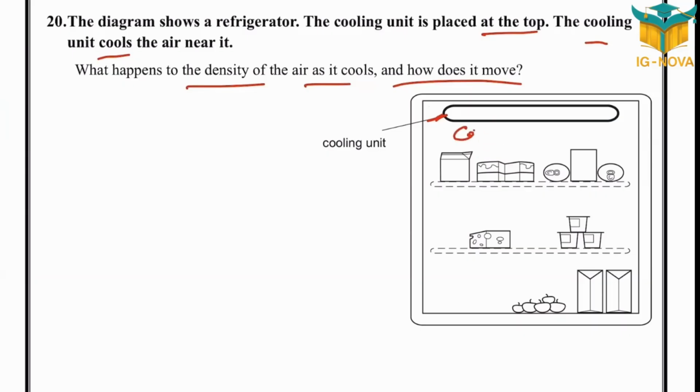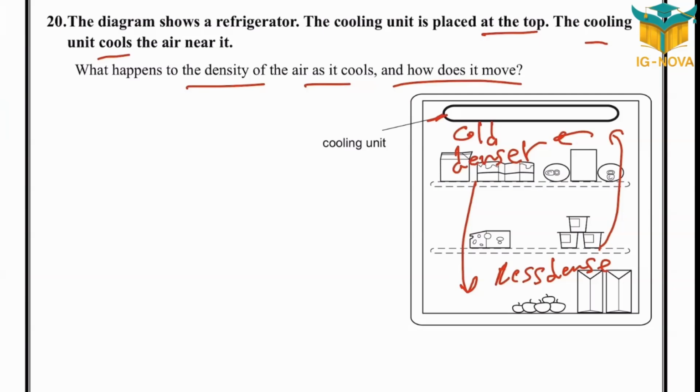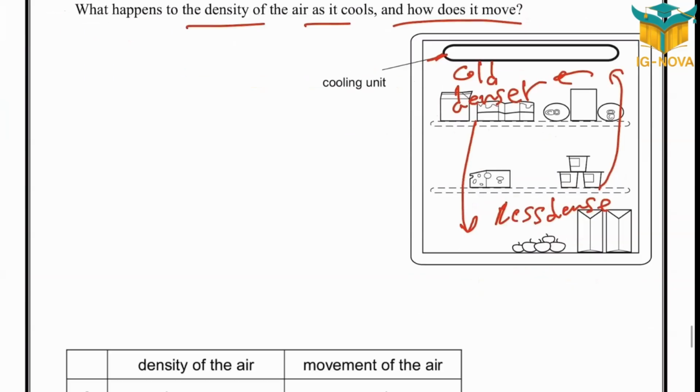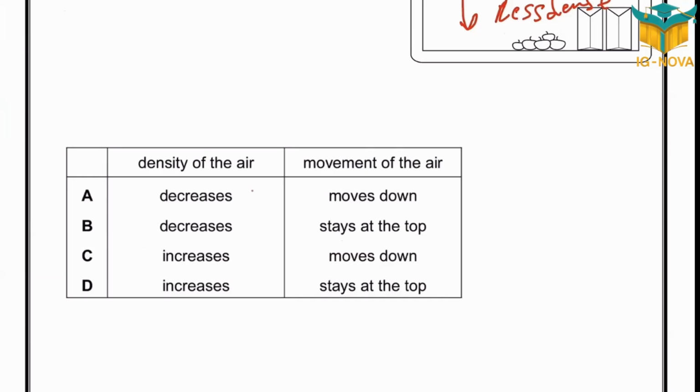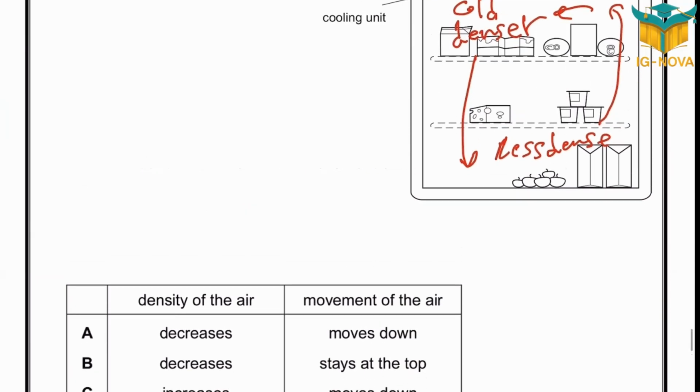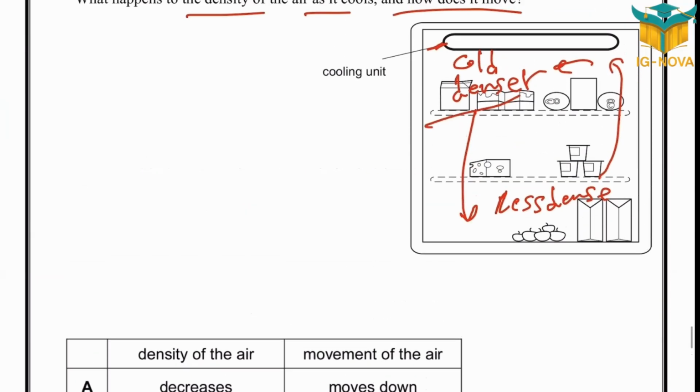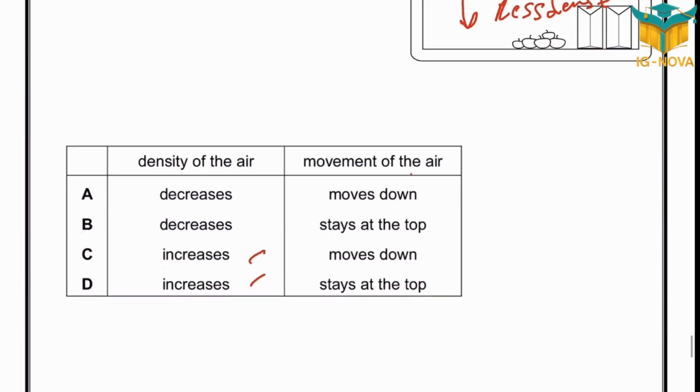Cold air is denser, so cold air goes down and the air here will be less dense, so it moves up, in a circulatory movement, a convection current. Let's see. The density of the air will increase, it becomes denser. The movement of the air, it moves down. That is the answer.